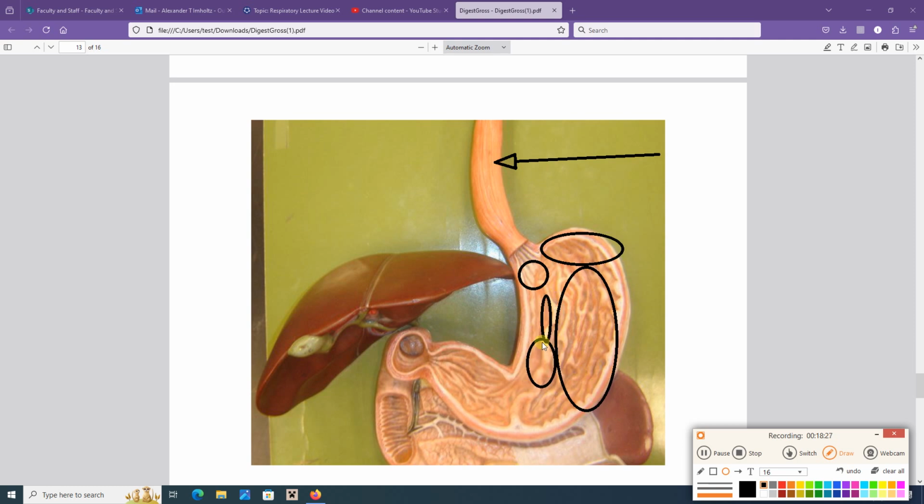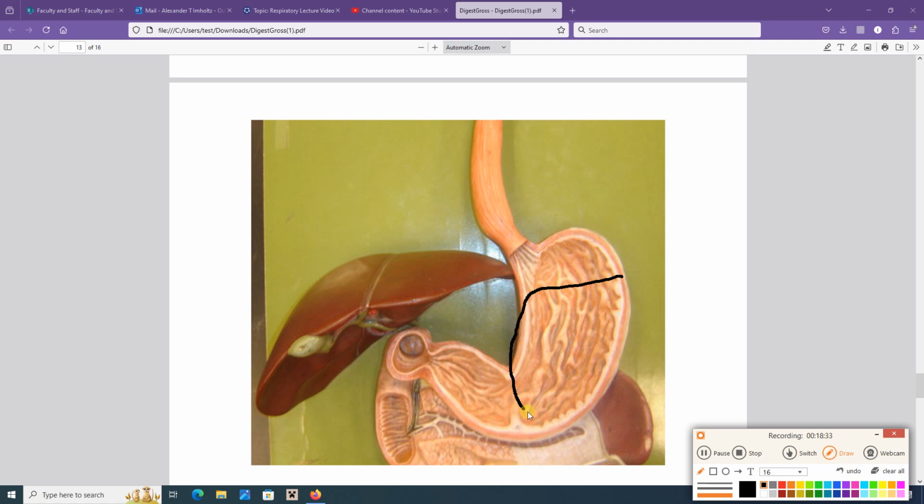Add another 2 circles for the body because that's not confusing. Let me draw a better. So there's our body right there. Fundus is here. Cardia is here. There's the fundus right there. And then we got our pylorus right there. So pylorus, body, fundus, cardia.